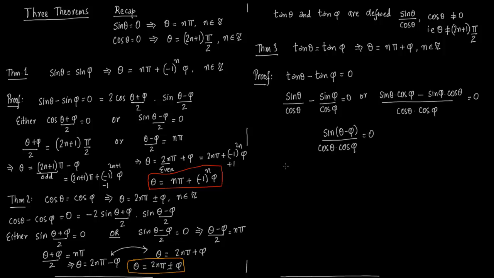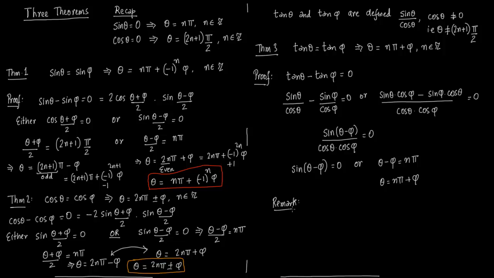We have already said that cos theta should not be 0 and cos phi should not be 0. So this equation is 0 only if sin of theta minus phi is 0. That implies theta minus phi is equal to n pi, or theta is equal to n pi plus phi. So we have reached the end, but I just want to make one more point.